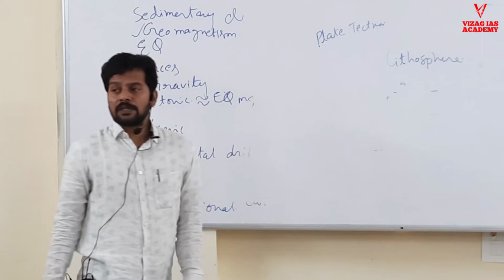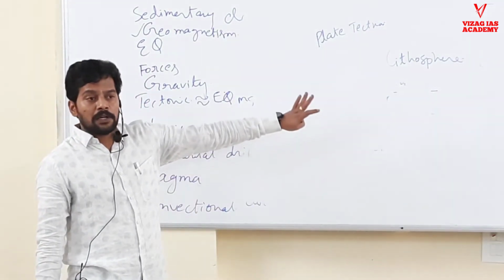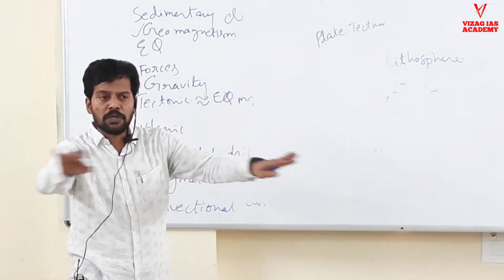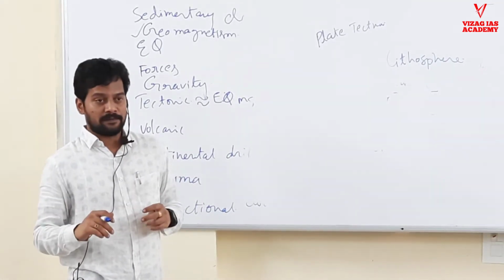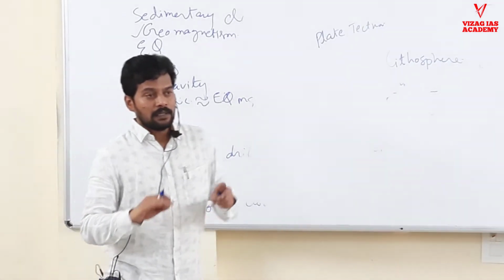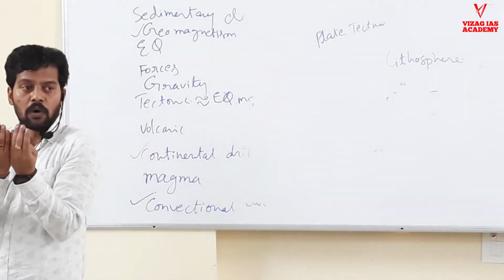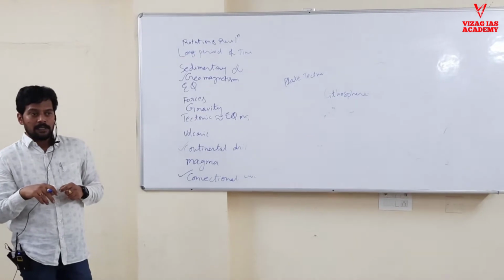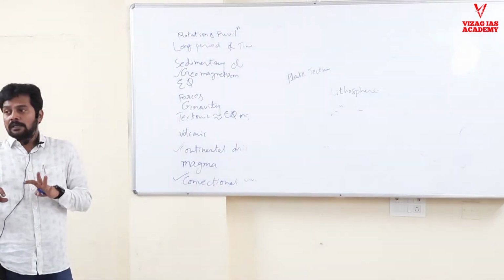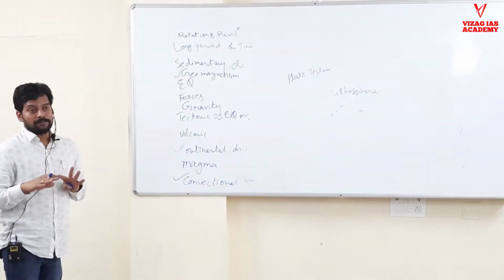They have understood that lithosphere is not continuous, it has broken like plates. You are understanding? There is a globe, on that globe different plates are there. These are called lithospheric plates.